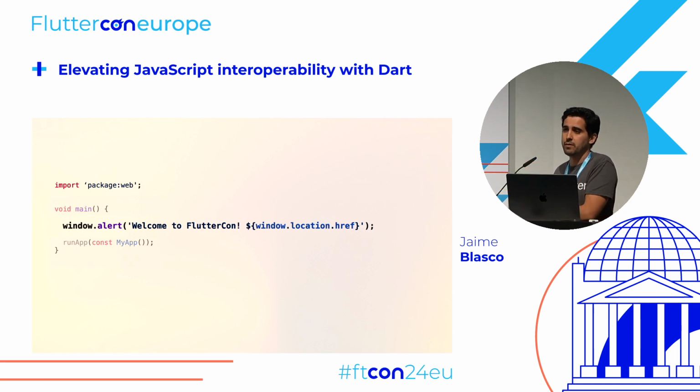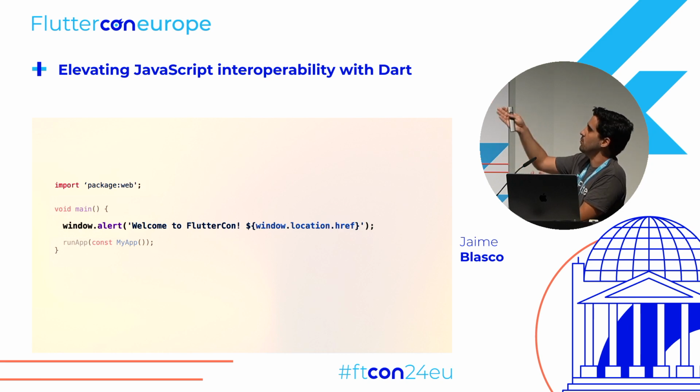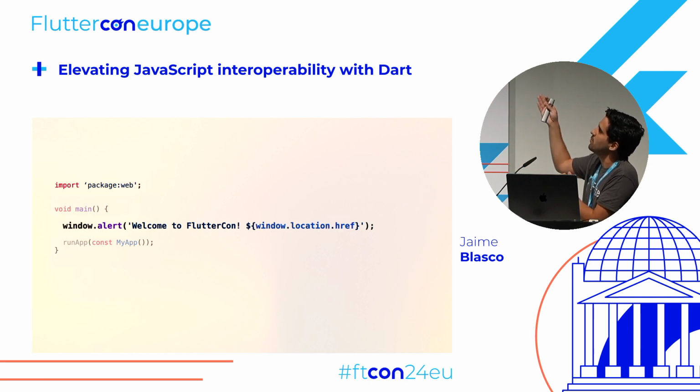So the same as we did before, but in a better way, the package web offers it for us directly in Dart. That's the idea: some developer creates a library that creates this interface of a JavaScript API and offers it to other developers in Dart. So in this case, we have a nice way to call JavaScript APIs using Dart, like window.alert, and then we pass the same parameters as before.